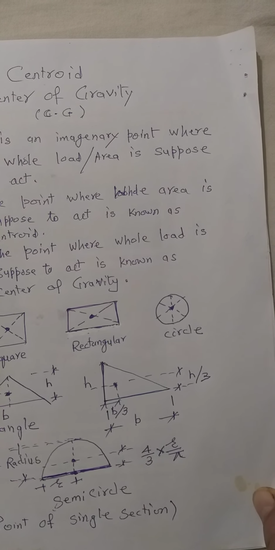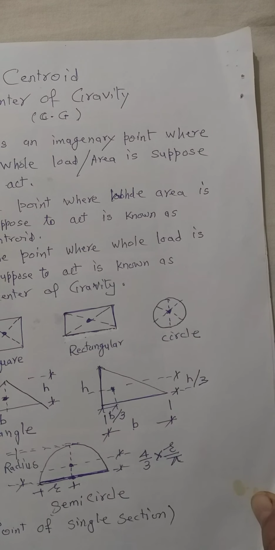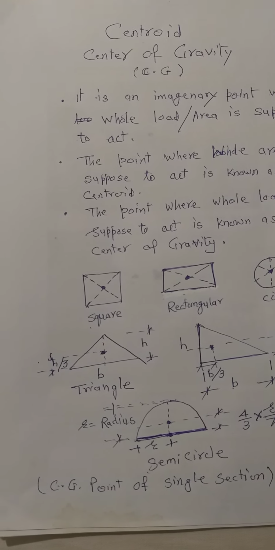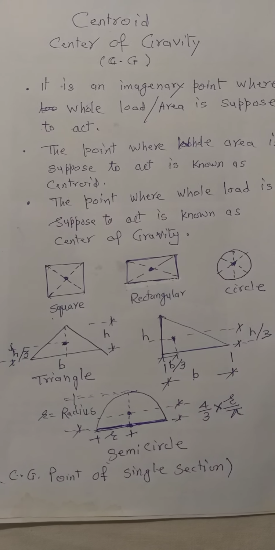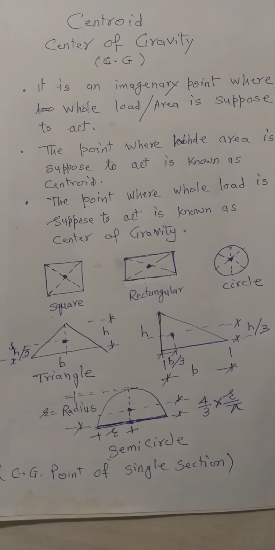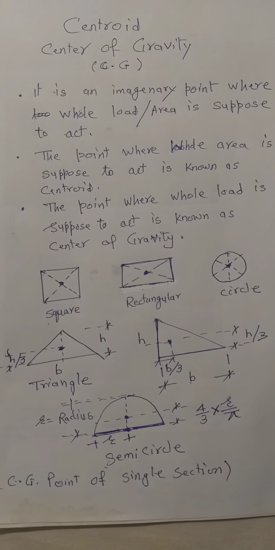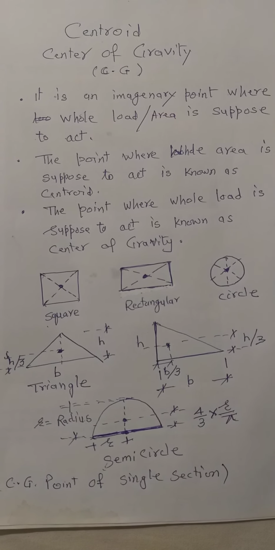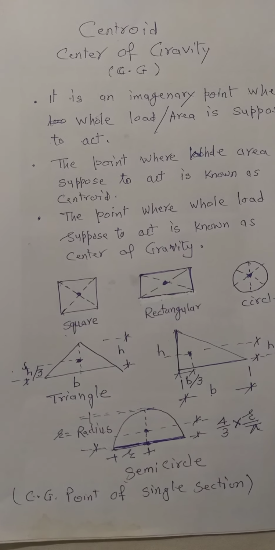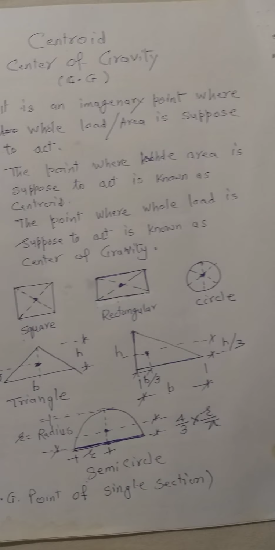The center of the circle will give the point of the center of gravity. Then we are talking about the triangle. It is one third of the height from the base. If height is h, then h by 3 from the base is the height of the center of gravity.